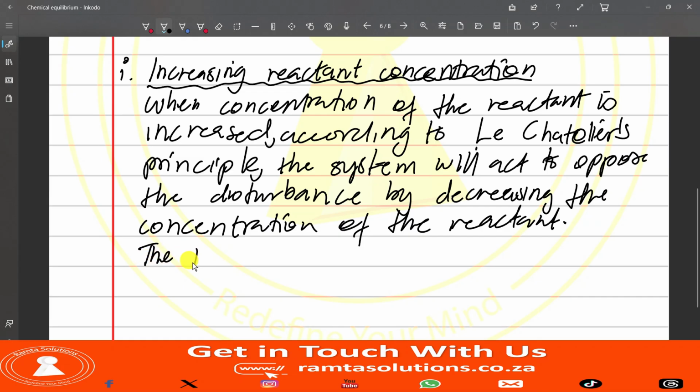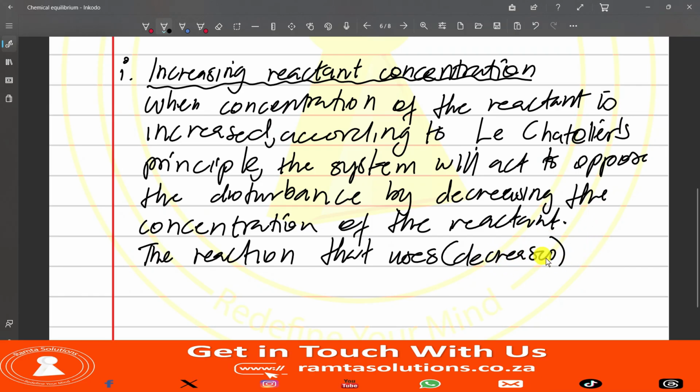The reaction that uses, or decreases, the reactant's concentration is the forward reaction.